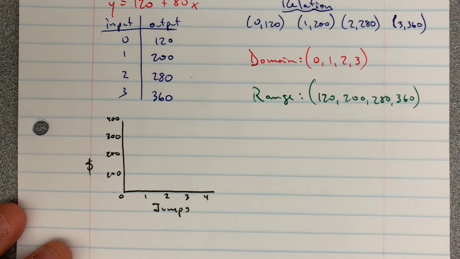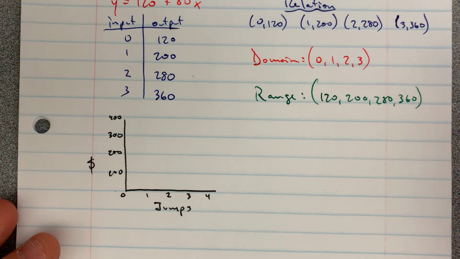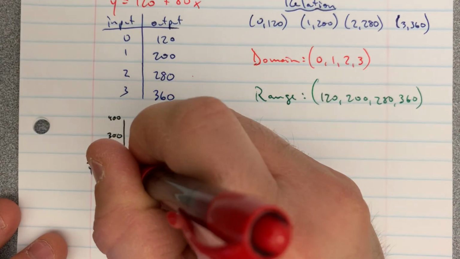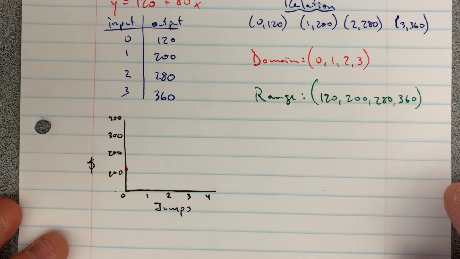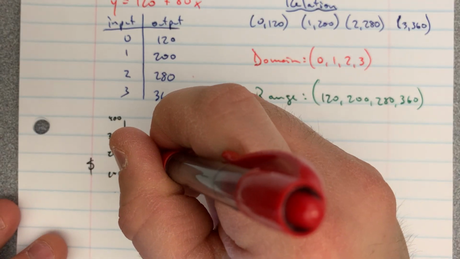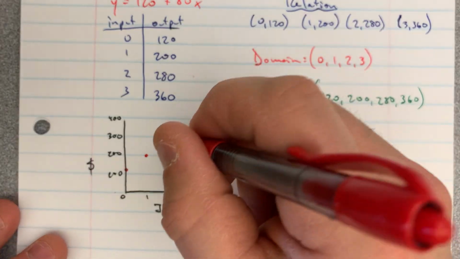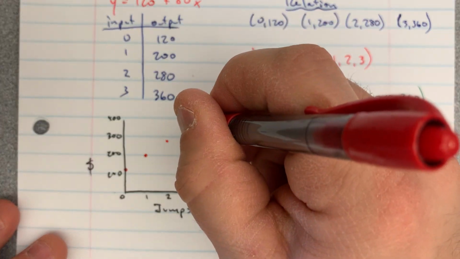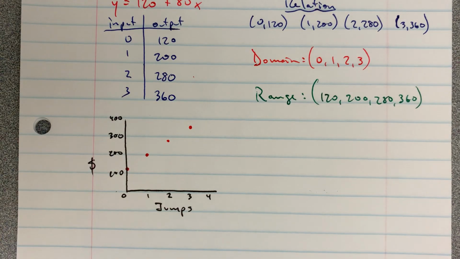Now we can take our relation and place this information in here. 0 jumps, $120, somewhere around there. 1 jump, 200. 2 jumps, 280. 3 jumps, 360. And we'll just stop there.